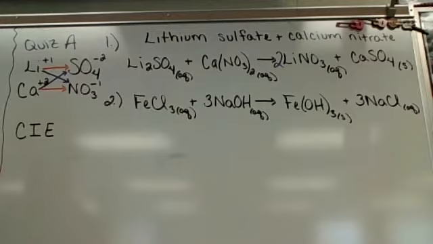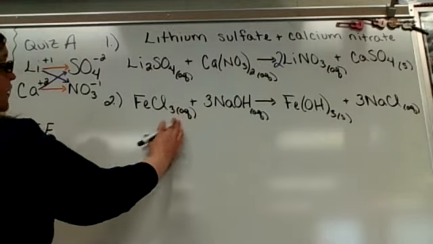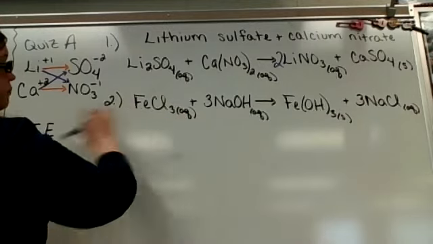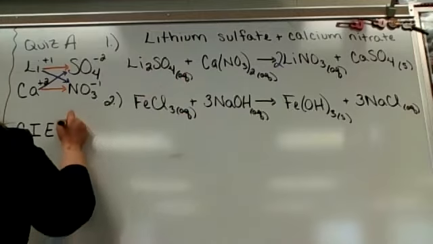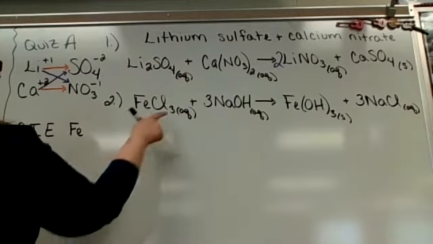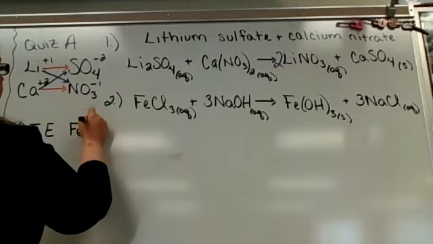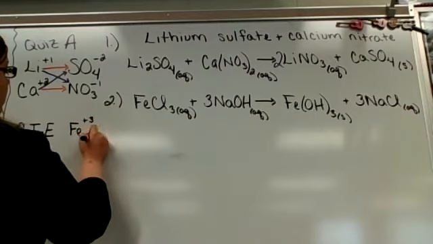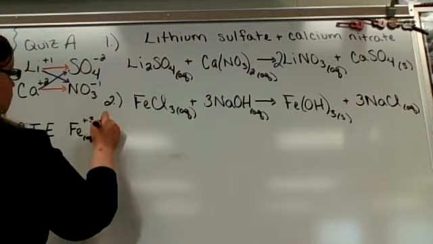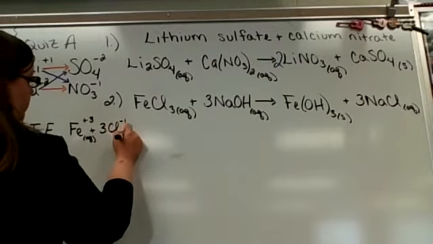So we have FeCl3. It is aqueous, so we're going to split it apart. So we've got Fe, and it's a charge of +3 because the Cl is a -1. So we've got Fe plus 3 aqueous plus 3 Cl -1 aqueous.